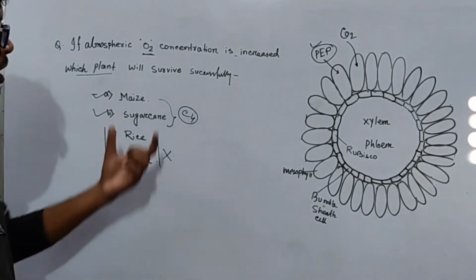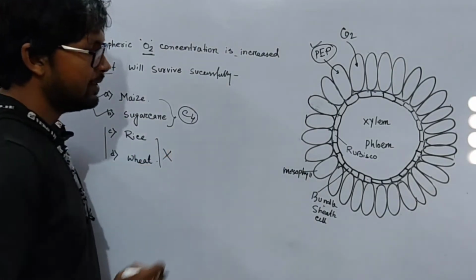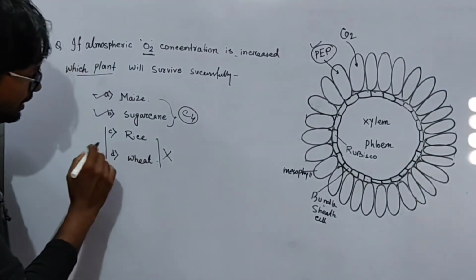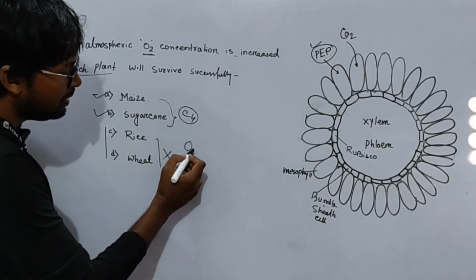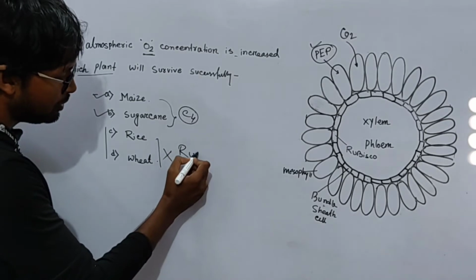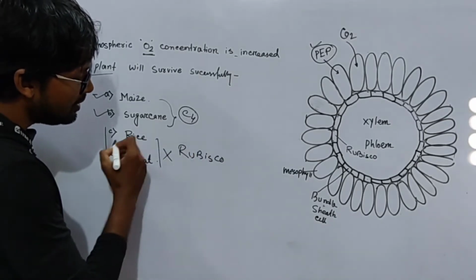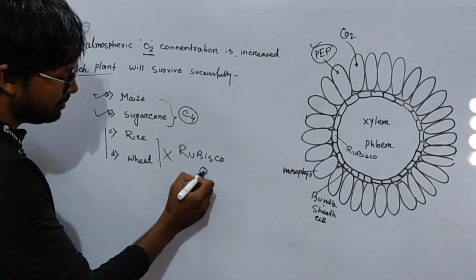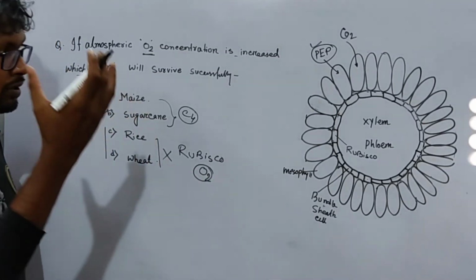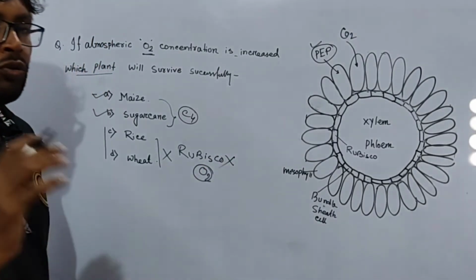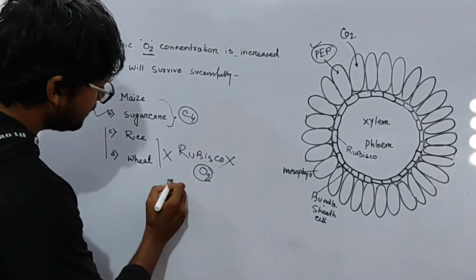Why? Because the oxygen concentration will inhibit the photosynthesis mechanism in these plants. How? These two plants have the rubisco enzyme, which absorbs oxygen. When they absorb oxygen as well as carbon dioxide, rubisco will be inhibited, so photorespiration will occur in this case.